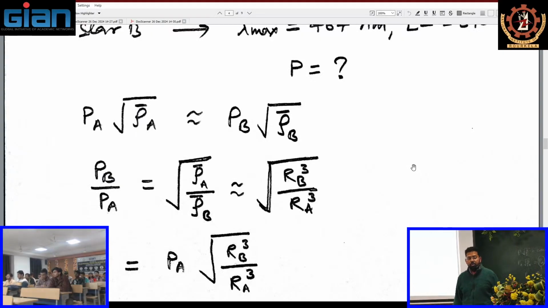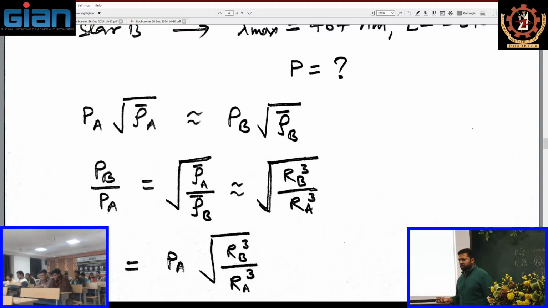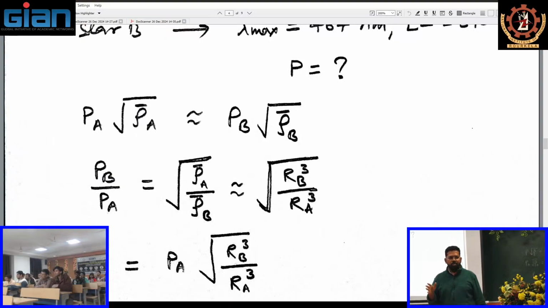So by applying Wien's displacement law, you first have to figure out the surface temperature of the star. Once you know the surface temperature, you use the relation known as the Stefan-Boltzmann relation between luminosity, radius and temperature to figure out the radius.